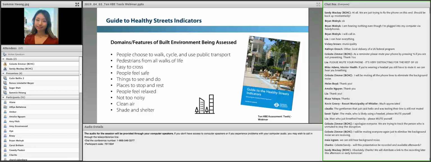The last one you're going to hear from my end is the guide to the Healthy Streets Indicators tool. It's developed by the Transport Authority in London, and it's based on the Healthy Streets approach that uses 10 indicators of healthy streets to assess and inform decisions about how we design, manage, and use public spaces. The main indicators are pedestrians from all walks of life, and people choosing to walk, cycle, and use public transport.